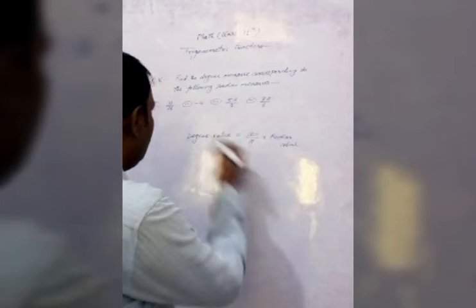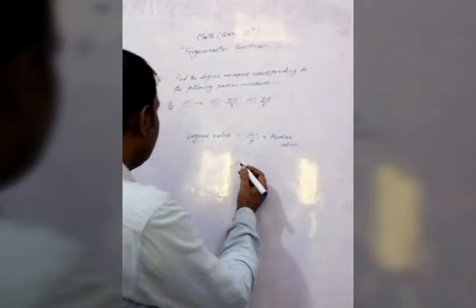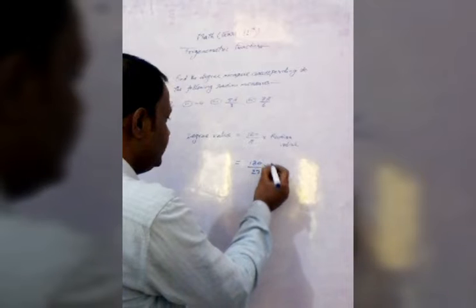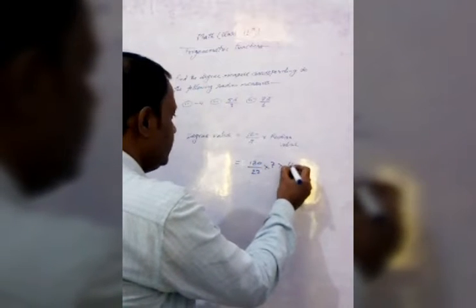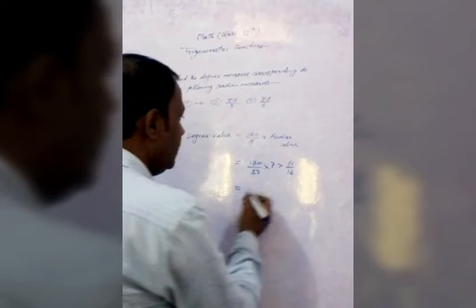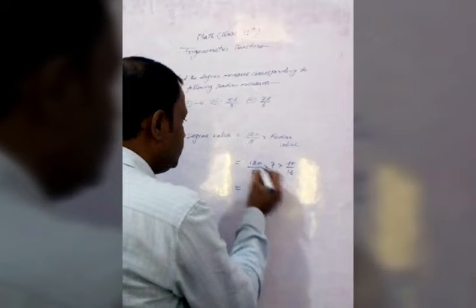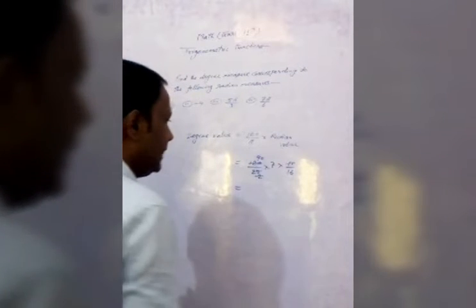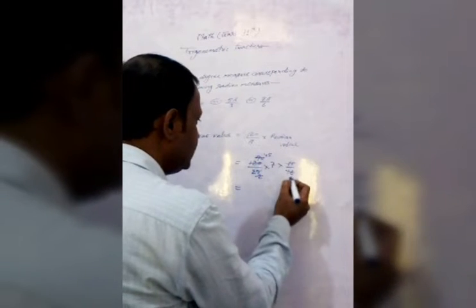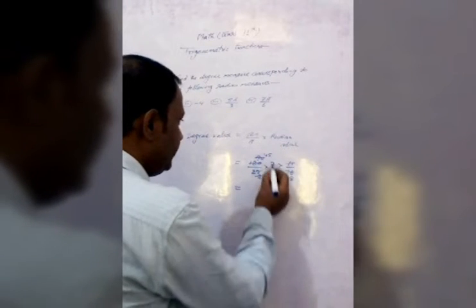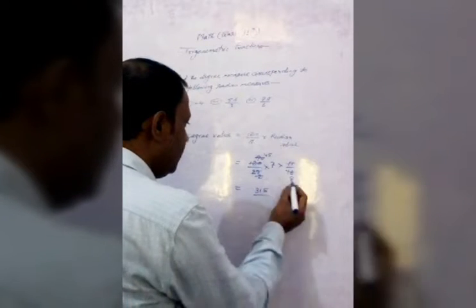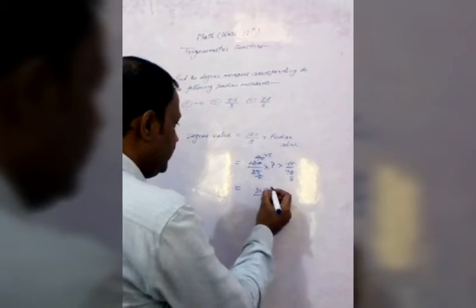When we put the value from the first part of this question, 180 upon pi means 22 by 7 into the value 11 by 16. We get 11 2 is 22, 2 9 is 18, 90, 9 2 से 90 cancel होगा 45, 2 8 is 16. We get 7 5 is 35, 7 4 is 28 and 3, 31 upon 8 degree.